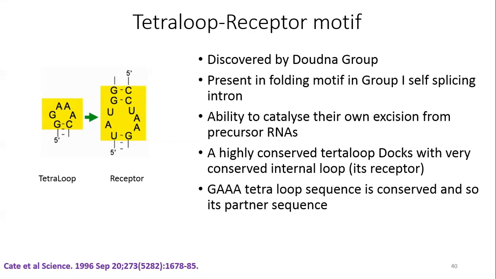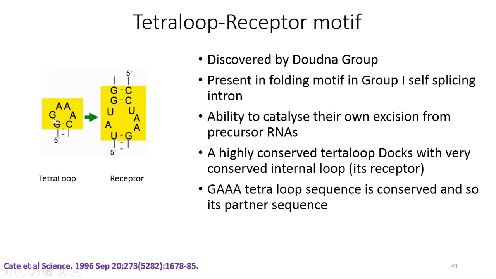Okay, so what happens is that there is a highly conserved tetra loop which might have such a sequence over here. This highly conserved tetra loop will go and dock into its receptor site. Such a receptor site is usually in the form of a GAA tetra loop sequence.